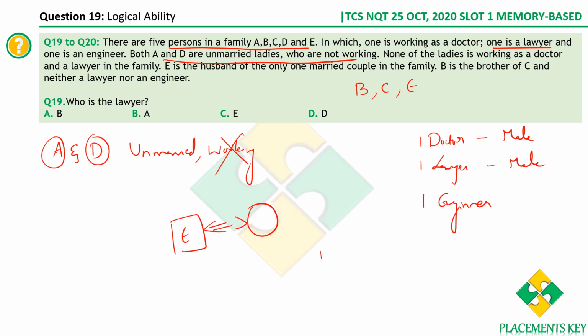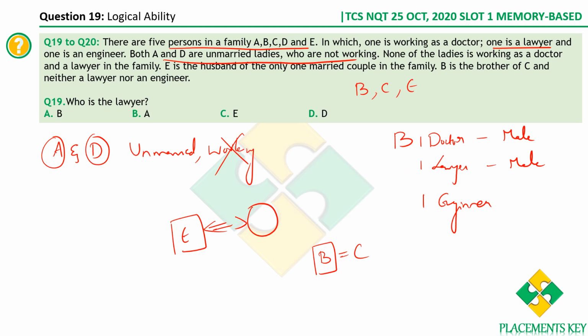So B is the brother of C, and B is neither a lawyer nor an engineer. So B is a doctor, right? Clearly B is a doctor because it's told that B is neither a lawyer nor an engineer. So therefore B is supposed to be a doctor.